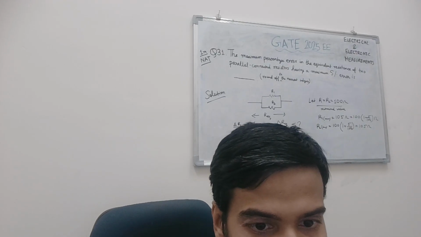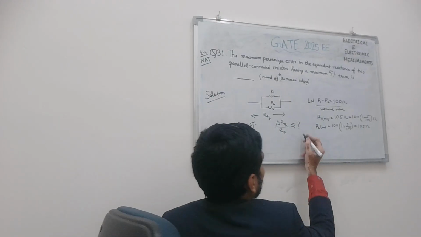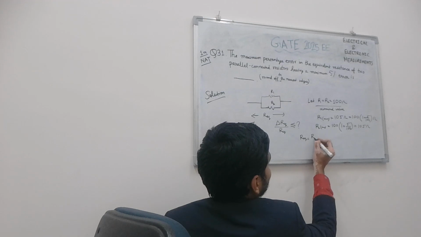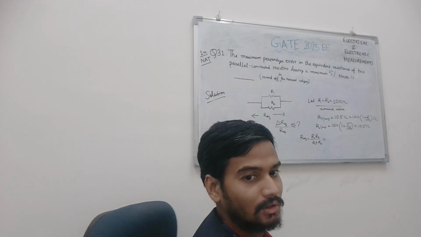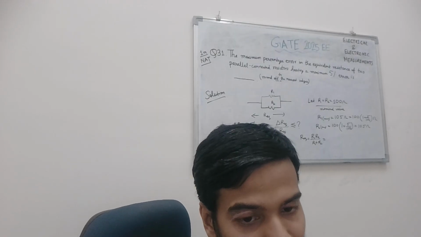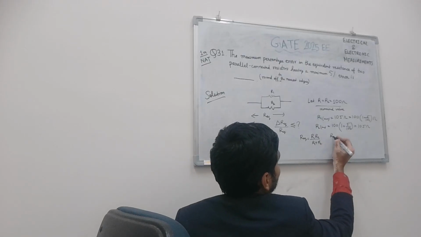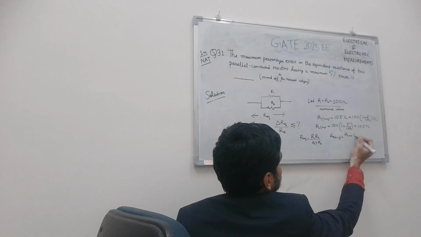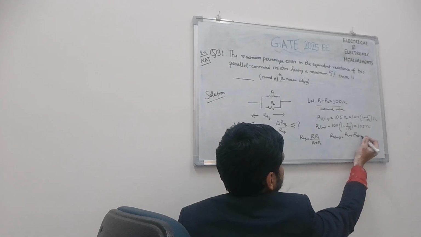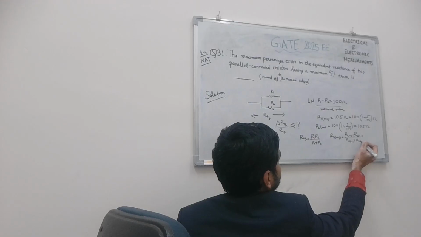In that case, let us find out what will be the value of R equivalent. R equivalent, as you all know, in parallel is R1 R2 by R1 plus R2. Both the resistors having maximum error, in that case R equivalent max will be R1 max R2 max by R1 max plus R2 max.